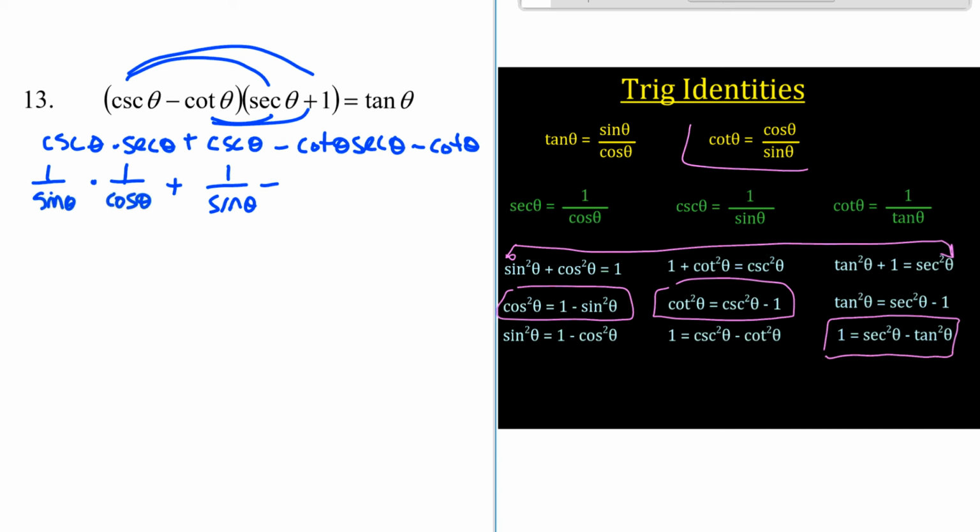Cotangent is cosine over sine, so cosine theta over sine theta. And secant is 1 over cosine theta. And then cotangent is still cosine theta over sine theta.